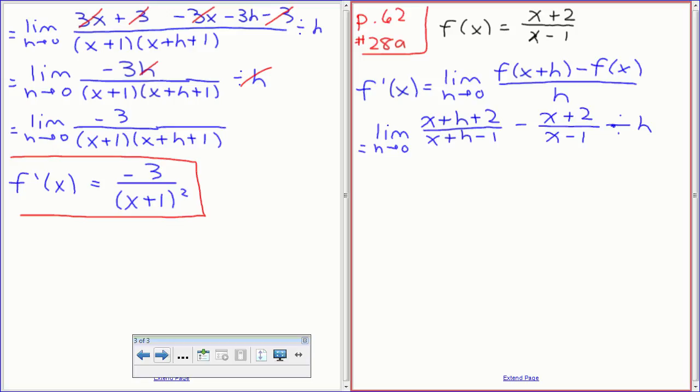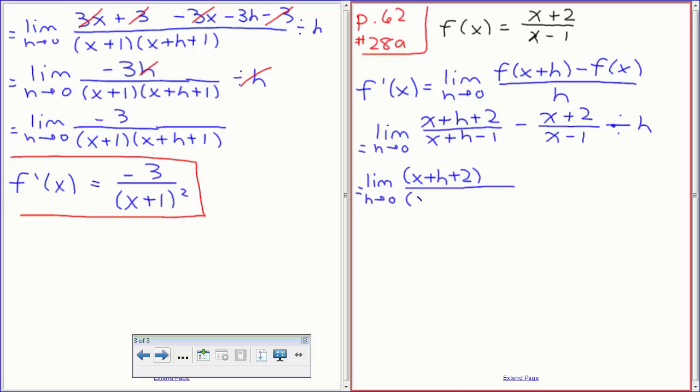All right, Derek, you're not getting off as easily as those two. Can you tell me the next step here, please? The next step would be to combine the two fractions. Okay, go ahead, please. And that'll be x plus h plus 2 minus x minus 2. Oh, sorry. Oh, Connor.